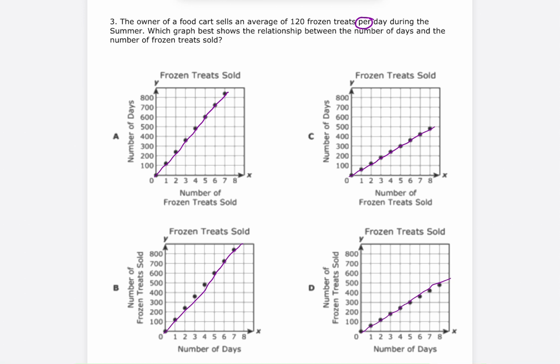But we also discussed that time is independent, which is which letter, X or Y?